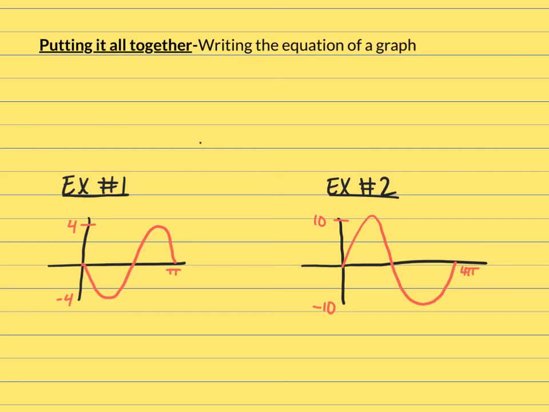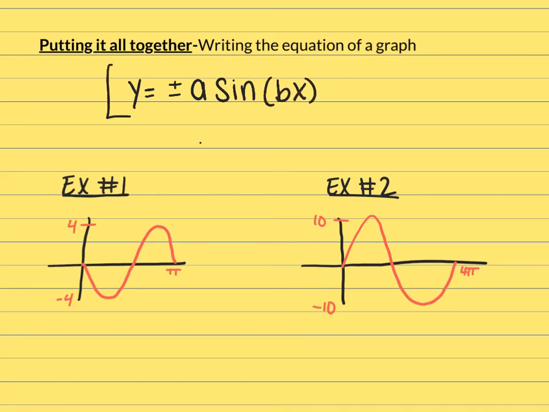Okay, so right here you can tell with these 2 pictures that they are starting at the origin. So these are both sine curves. So I want to show you the structure of how to make an equation. When you make an equation for sine, you have y equals plus or minus a sine bx.